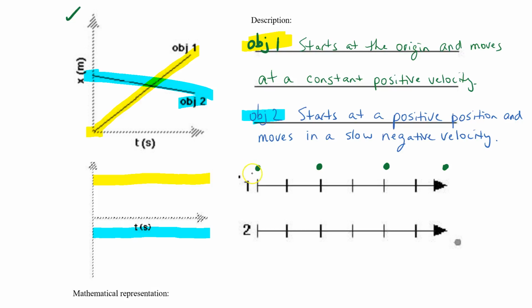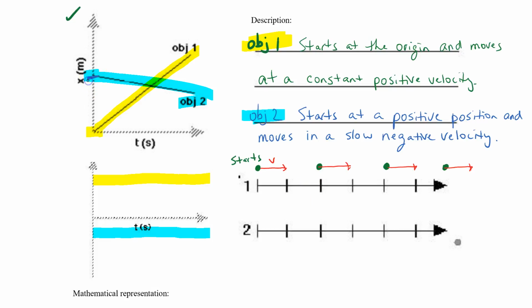So I'm going to do object number 1 in green here, and it starts at the origin here, and then it ends. And so my arrows, I think I'll do my velocity in red. I'll do that halfway, and we can see my velocity vector stays pretty constant. Next will be my object number 2, and I'll do object number 2 in blue.